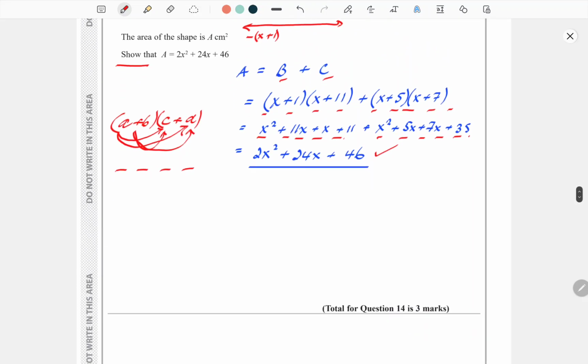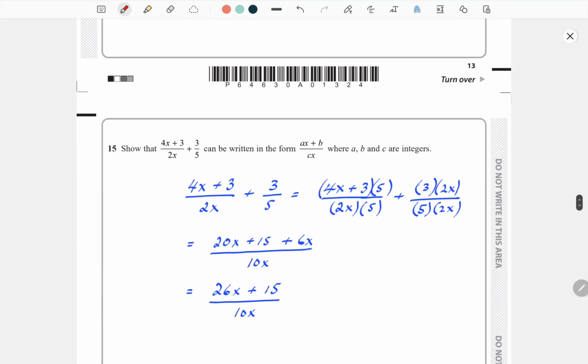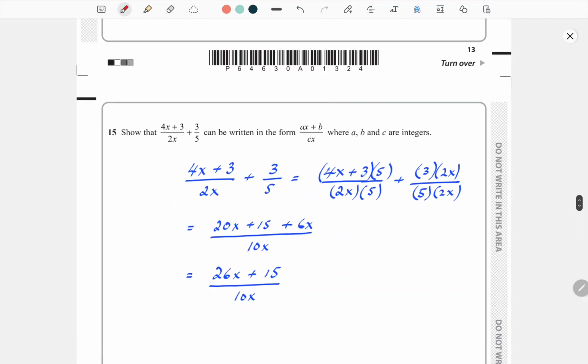Okay, number 15. What we're doing here is no different to, I think, one of the first questions earlier. It's finding a common denominator for 2x and 5. We don't have any other choice because we've got an x in it, so we want it to be 10x.